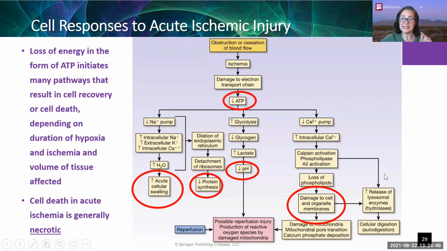Yikes, when those get damaged and you release that stuff, that's going to start dissolving things inside the cell, and the cell just auto digests and gets destroyed. This is not programmed. This is not by design. These are just the consequences of not having enough oxygen and not having enough ATP as a result. The cells die by this necrotic process. And so that results in cellular necrosis.